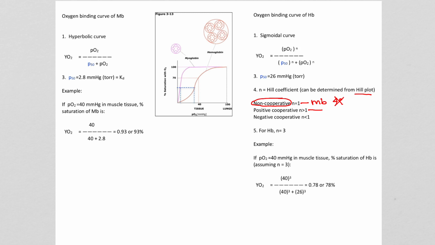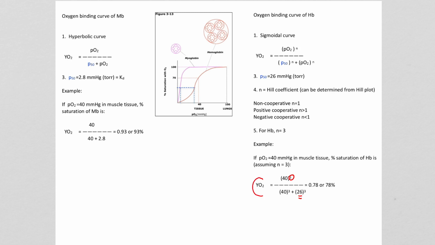Hemoglobin, on the other hand, has a Hill coefficient of 3, and that shows hemoglobin is a cooperative protein. It shows positive cooperative behavior.